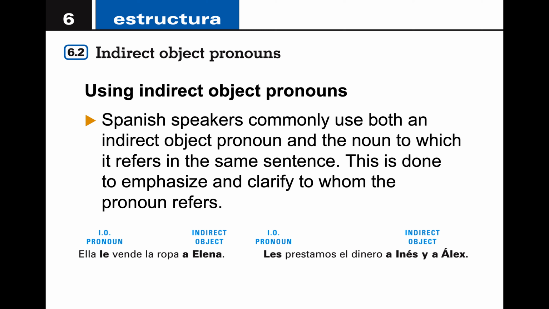Well, to Elena is the indirect object. And so we're going to add the le in there because it's to whom she is selling. And even though the le is there, it doesn't necessarily replace the a Elena. So sometimes this can be thought of as somewhat redundant, but really it's just being extra clear that, hey, to whom, Elena is going to be the indirect object.